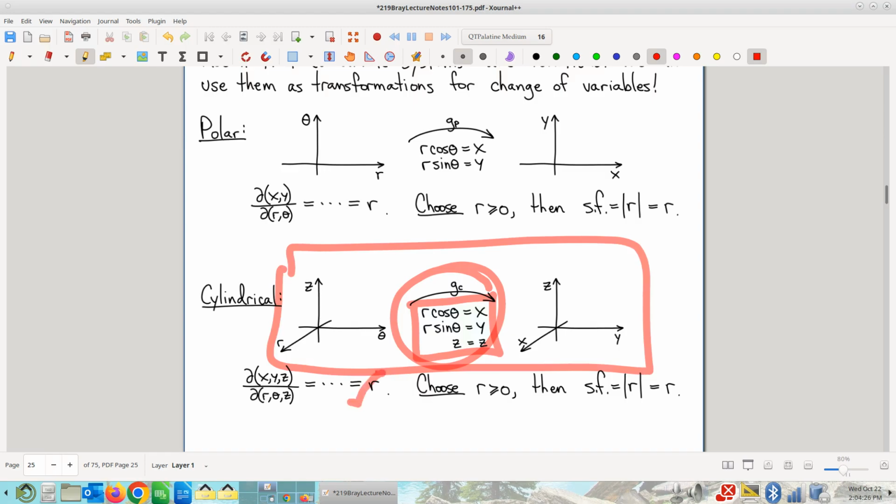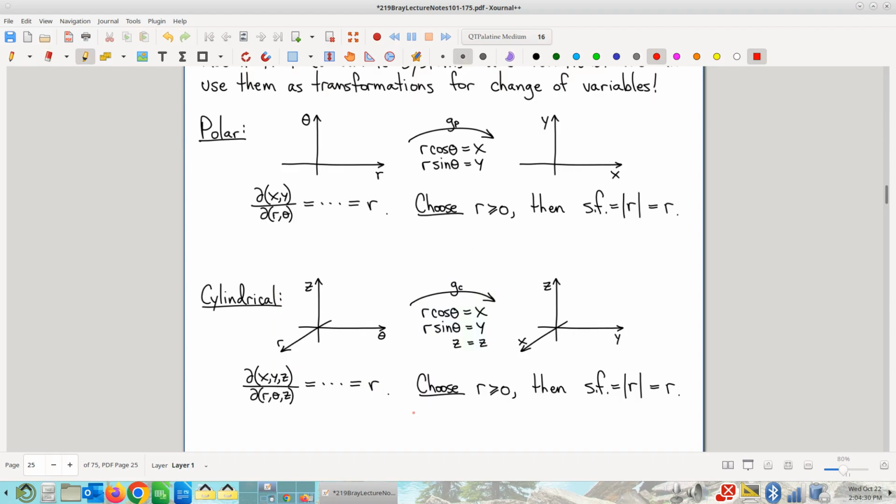We've already computed the Jacobian determinant. We've already made the observation that if I promise only to use non-negative values of r, then I could ignore the absolute values. So we've got an easy stretching factor, and we can play the same sort of games. It's really a lot like polar coordinates, just three-dimensional instead of two.